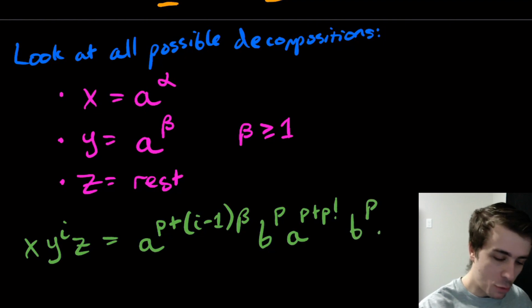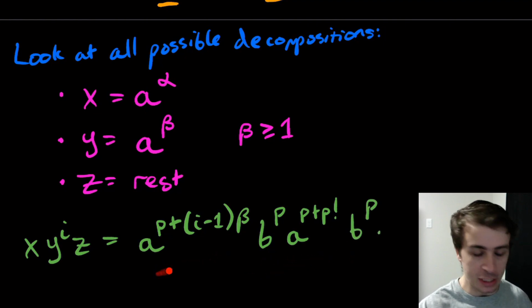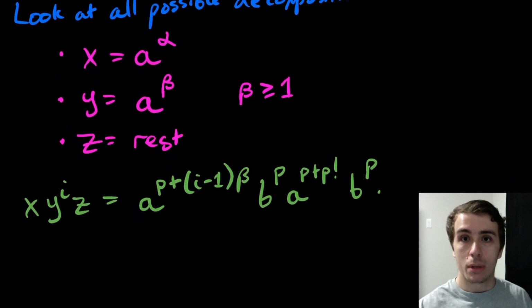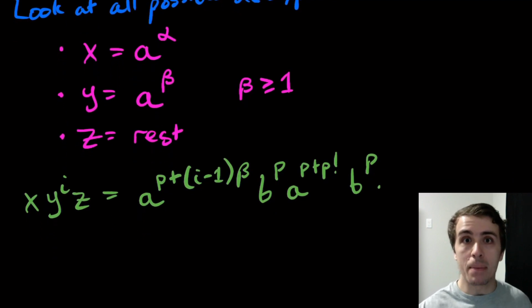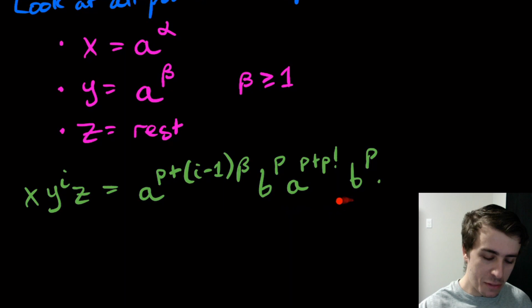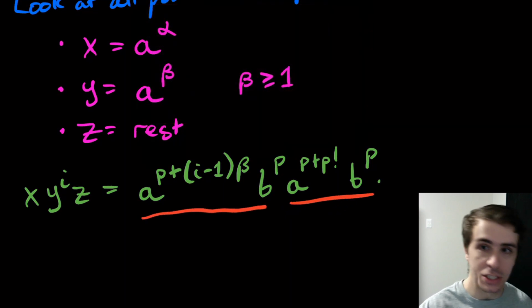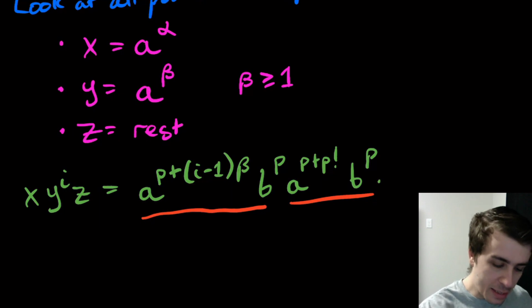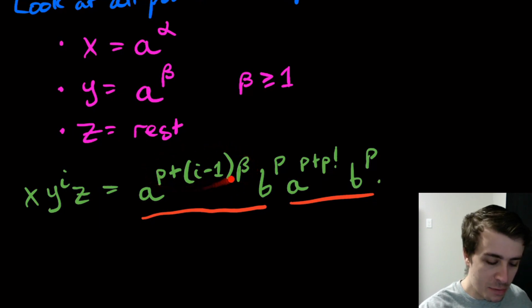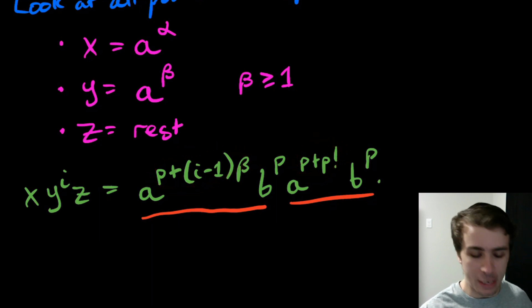None of the rest is going to be modified. It's just this part at the beginning. So the only way that this string can't be in the language is if these two halves are the same. And clearly that's going to happen if the number of a's here is the number of a's here, because the run of b's is the same.